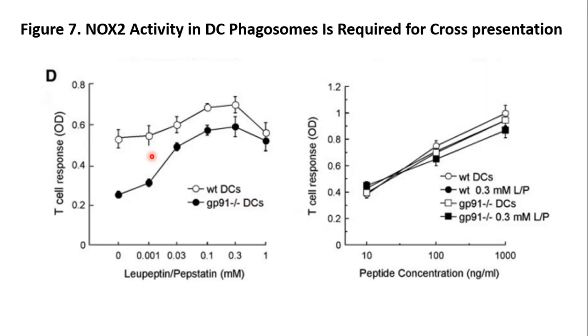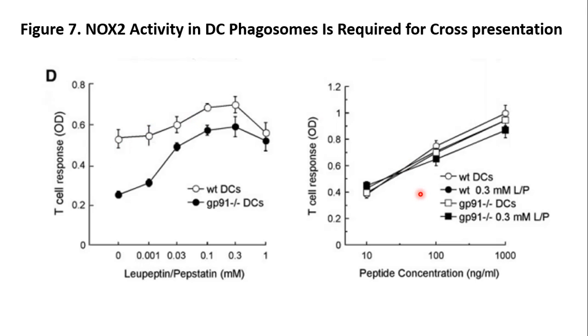So here they put the wild type DCs, the defective DCs, in the presence of these protease inhibitors. So the inhibition of these proteases was less than the wild type.